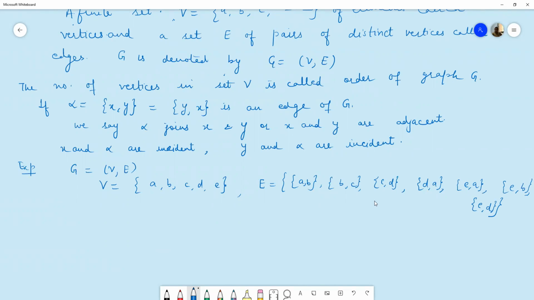So we firstly mark these vertices as different points on the plane.